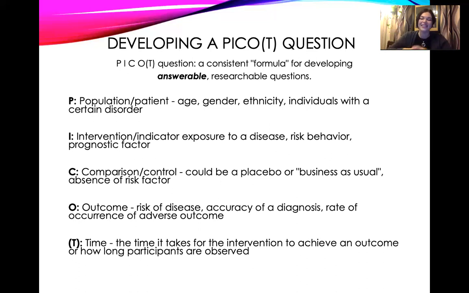The T is silent, and the T is supposed to be silent because you don't always use the T. But basically, a PICO question is a question that is answerable. So if you use this consistent formula, then you're going to be asking questions that you can actually research. And in the larger levels of research, when we're talking about big, huge studies, we sometimes have discussions about what's capital T truth and what's lowercase t truth.